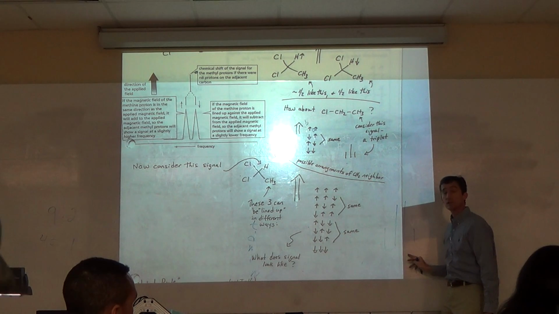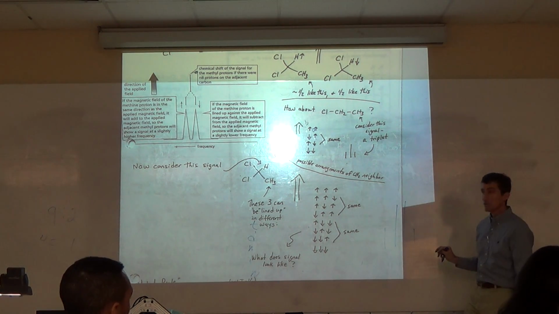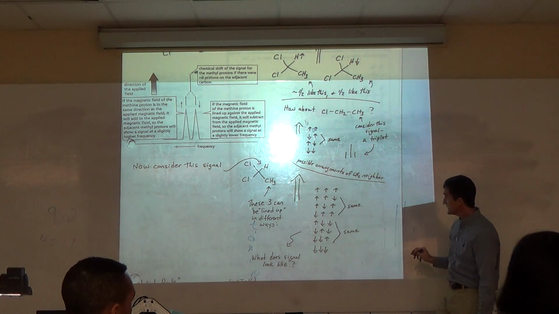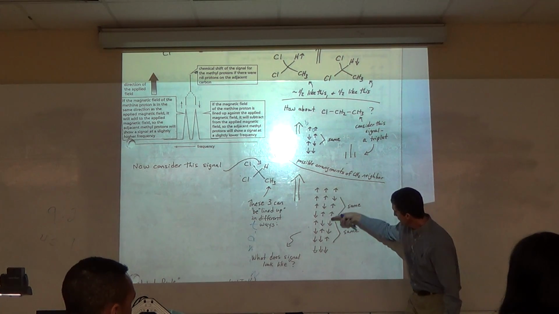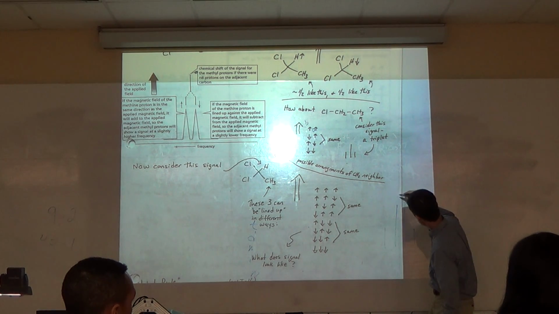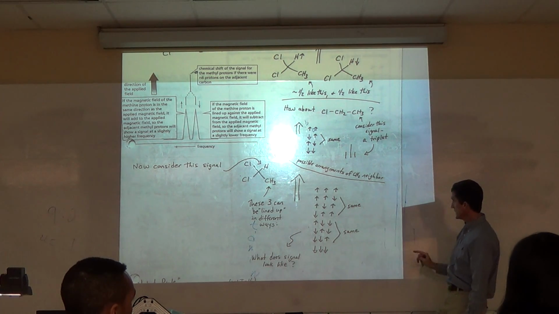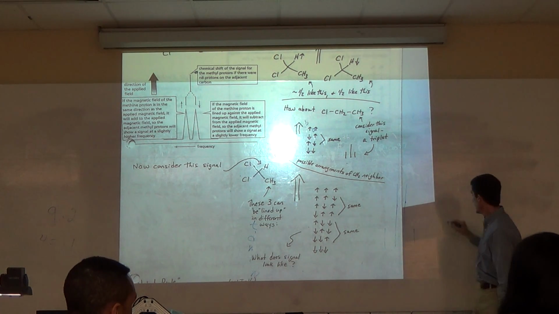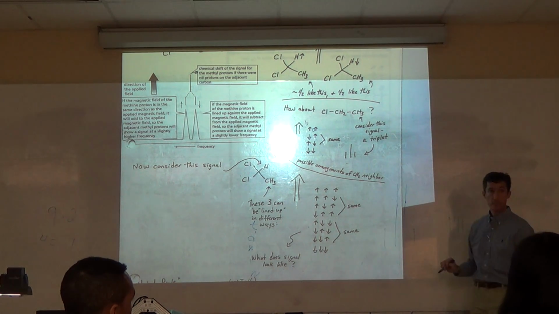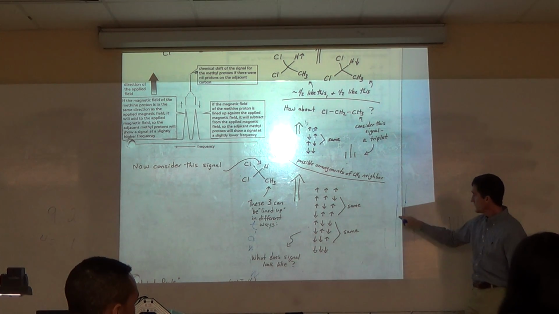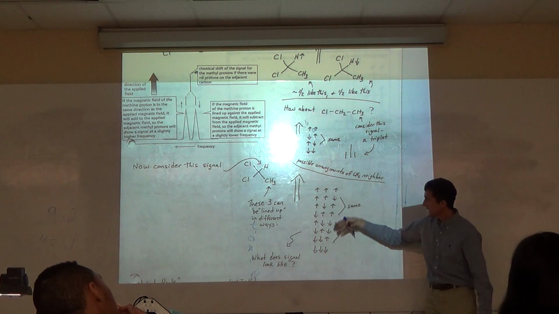We don't call it 4 signals, we call it a quartet. What's the intensity going to look like? 1, 3, 3, 1. This one actually should be higher. The quartet looks like this, not like that. The 2 middle are 3 times as likely.